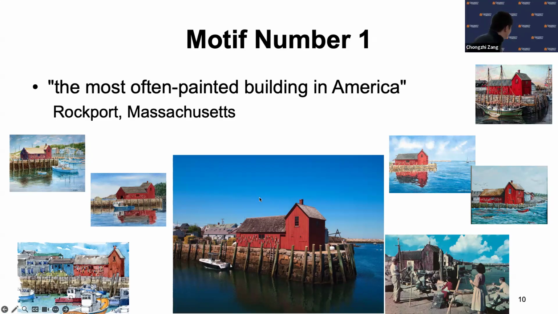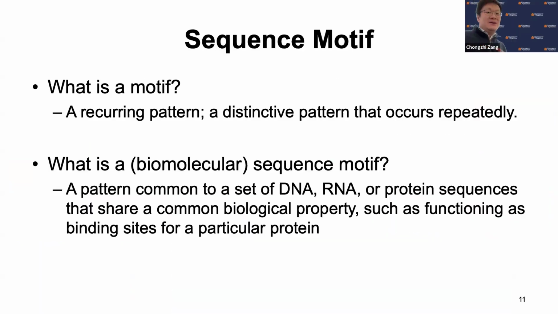The picture in the middle is one I took when I visited there, and there are tons of different types of paintings that all use this as an object to paint. So the most often painted building is called a motif, Motif Number 1. A motif means a recurring pattern, a distinctive pattern.